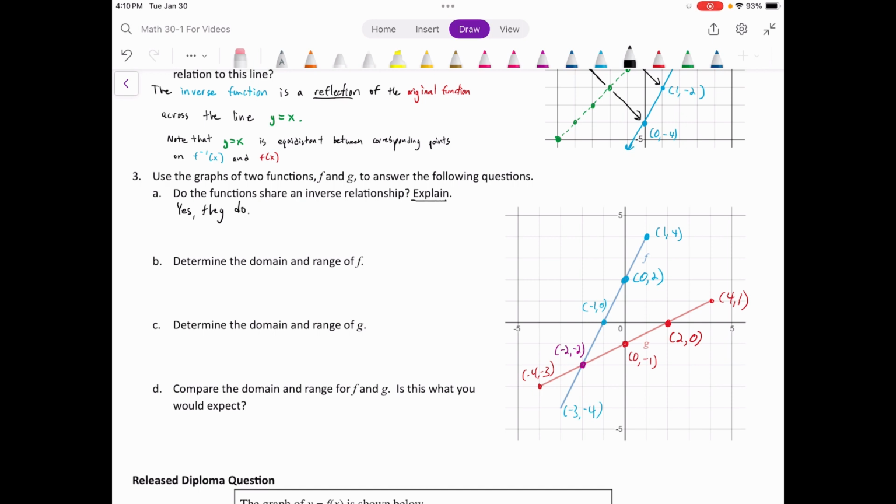So yes, they do, but if you were a new Math 30 student, would you be like, okay, got it, I understand now? No, right? We need to explain. We need to make clear what is not immediately obvious.